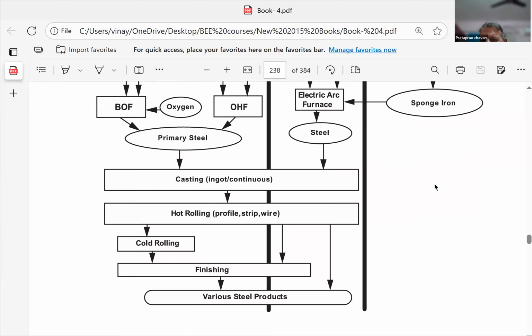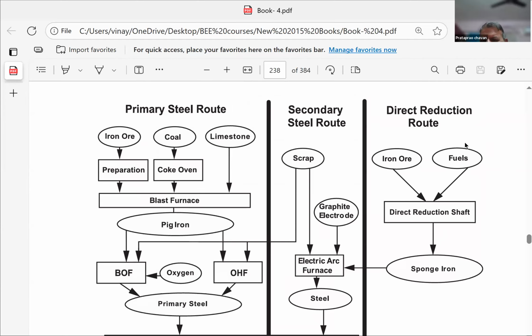Right. Now, what is the third? It is the direct reduction route. That means iron ore, instead of going to the primary steel route, that means to blast furnaces, goes to direct reduction shafts. Now, this direct reduction shaft is the latest technology wherein all this dirty business is avoided.